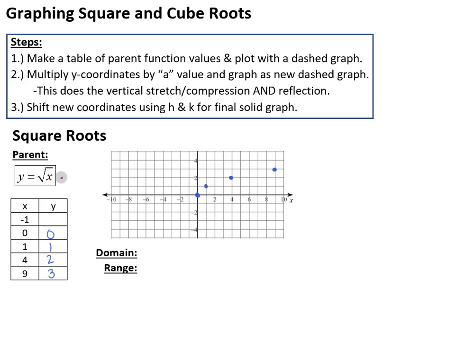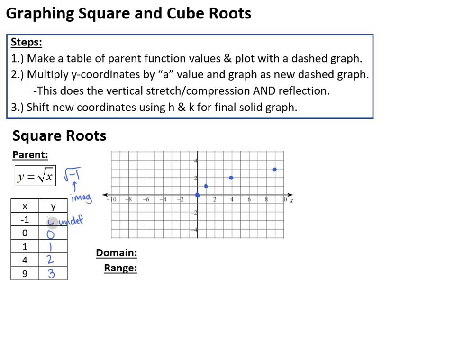So let's try negative 1. Well, if I plug in negative 1, you might remember that gives us an imaginary solution. In fact, that's the definition of i, which is imaginary. And we don't graph i on the normal Cartesian coordinate plane. So we would say undefined for this point.